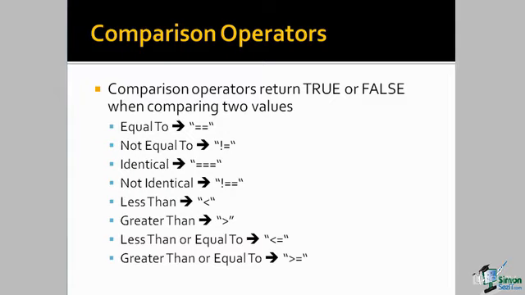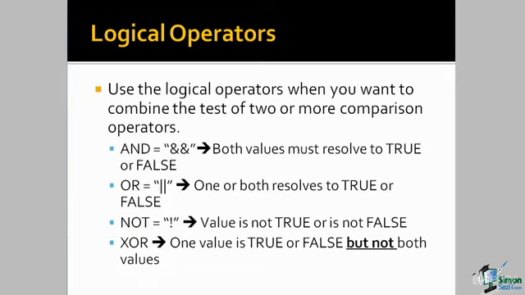And the other operators should be familiar to everyone: less than, greater than, less than, equal to. What's important to note here is that any of these operators, even the negative operators, the not equal to and the not identical, can be negated because we have a not operator. The bang, the exclamation point, is the not operator.